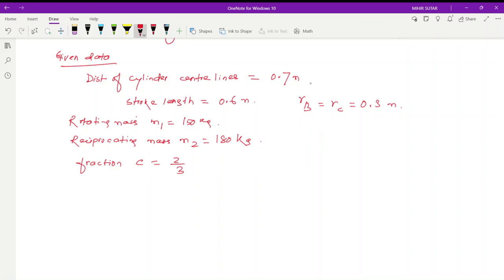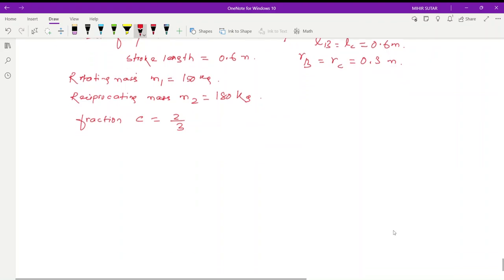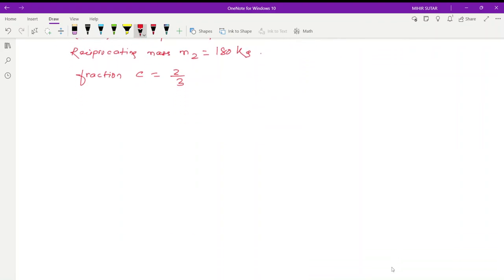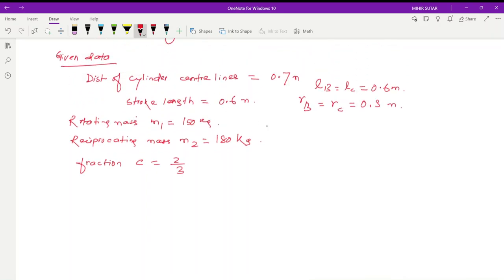Okay, and the distance LB is equal to LC, 0.6 meter, and your RA is equal to RD, 0.6 meter.